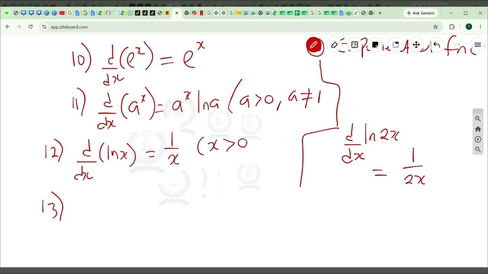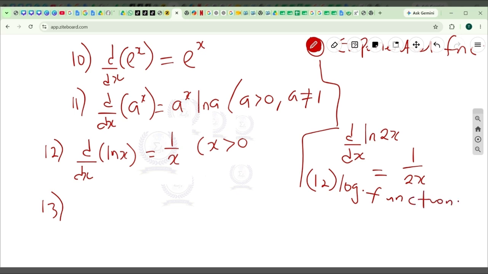So whenever you differentiate ln x, what you have is 1 over x, as long as x is greater than 0.